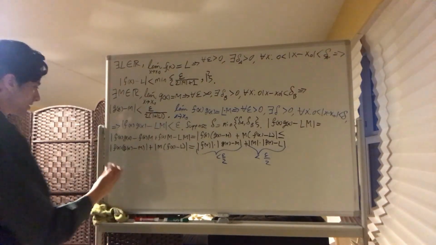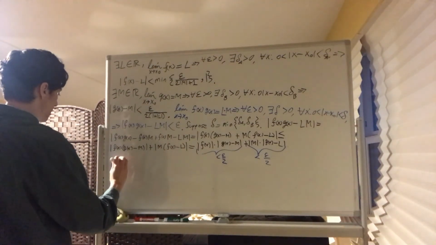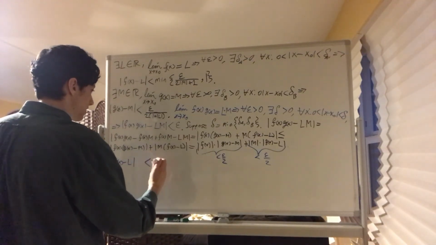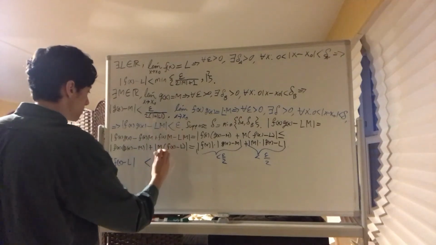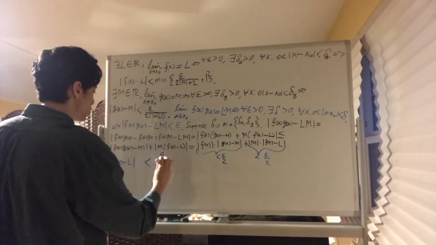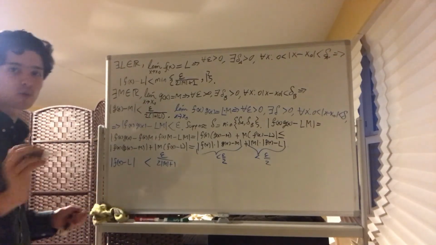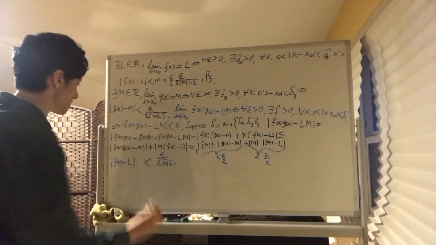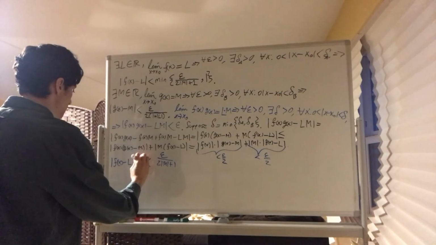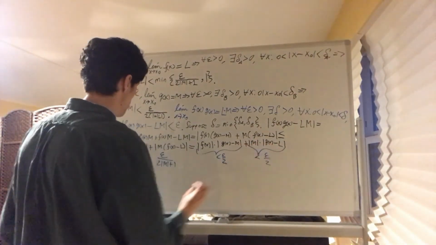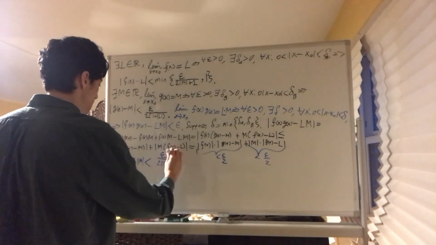So we can write that and say the absolute value of f of x minus L is less than epsilon divided by 2 times the absolute value of m plus 1. Now, of course, we can multiply both sides by the absolute value of m. So now this product here kind of looks like this term we have right here. And we multiply by the absolute value of m.